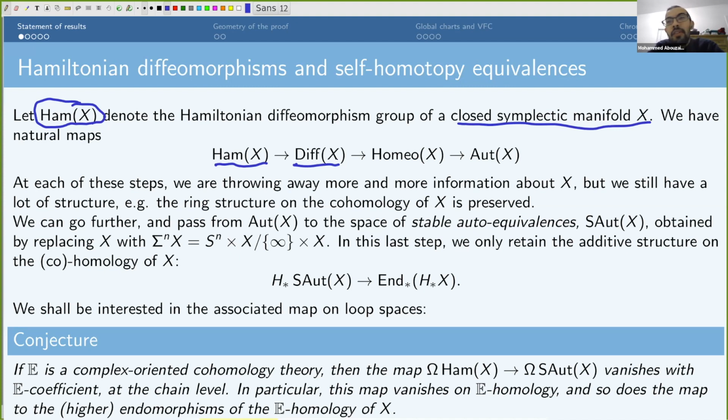So if the dimension of the manifold is sufficiently high, then you can compute, for example, the homotopy groups of the diffeomorphisms of a ball up to some range that's about linear in the dimension. And I said ball to indicate that even the diffeomorphism group of the ball is a very interesting group.